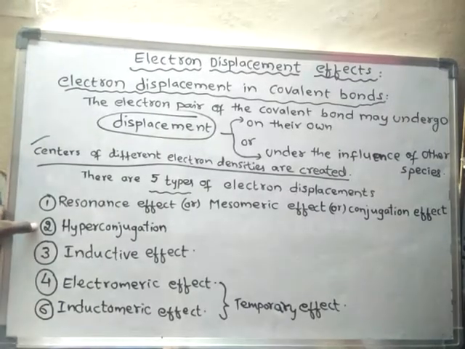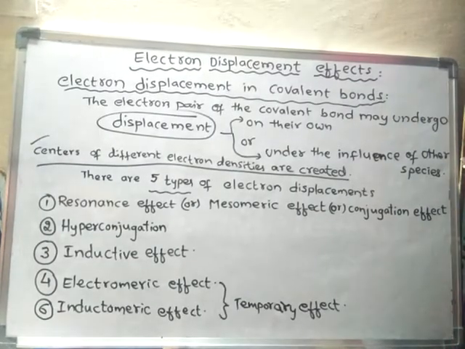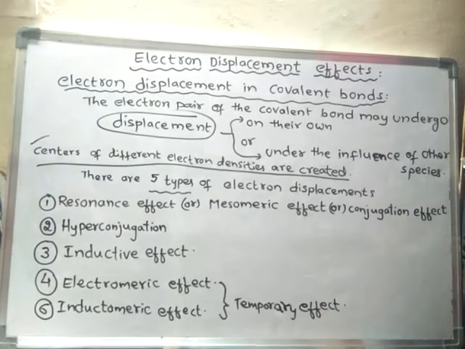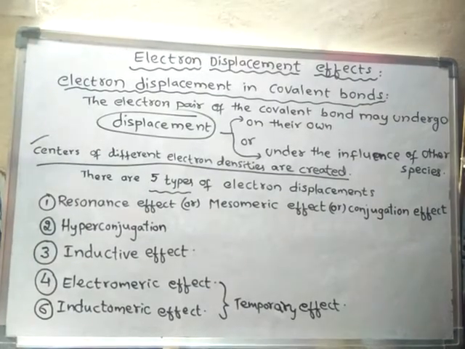Next one is hyperconjugation, inductive effect, electromeric effect, and inductomeric effect. So these are the 5 factors which create centers of different electron densities in the substrate molecule.